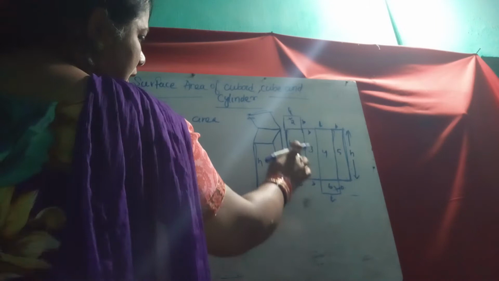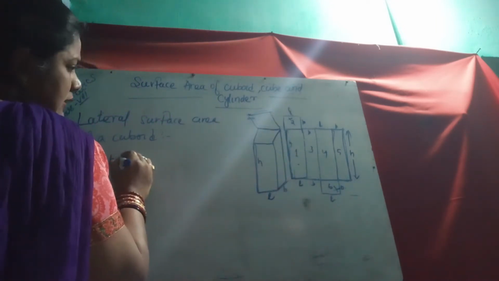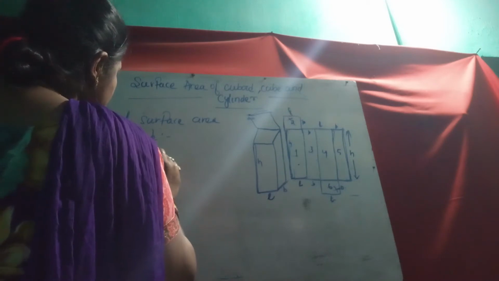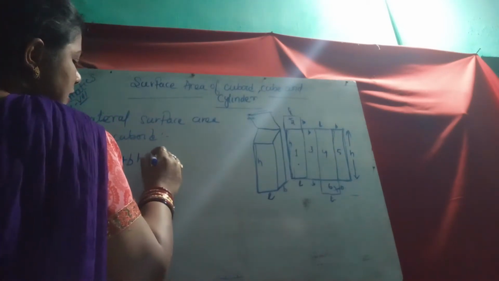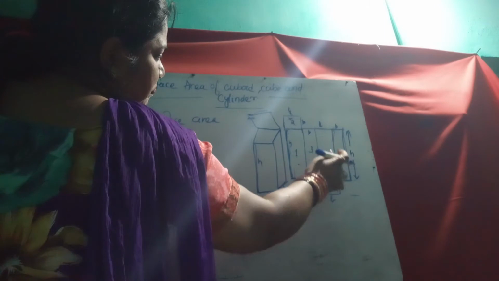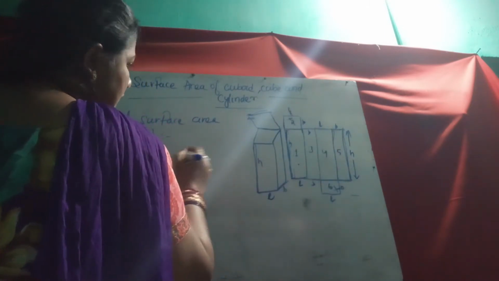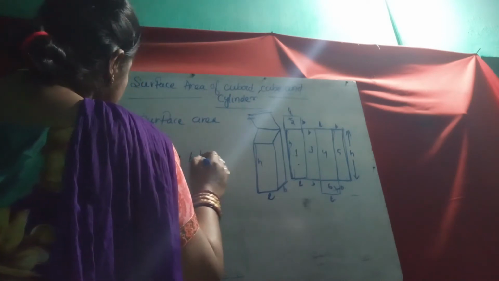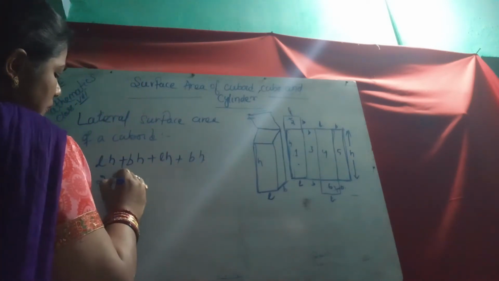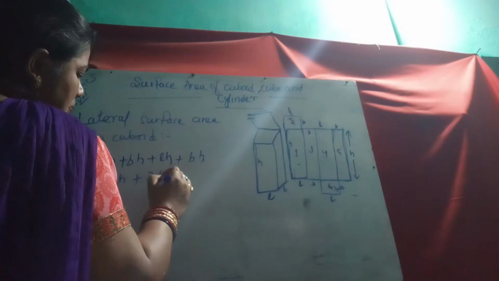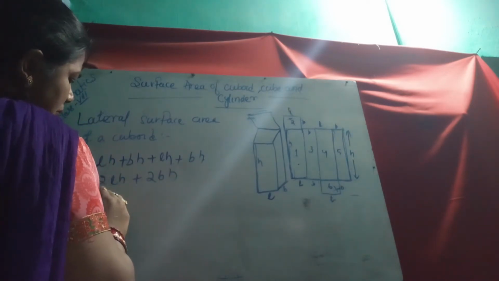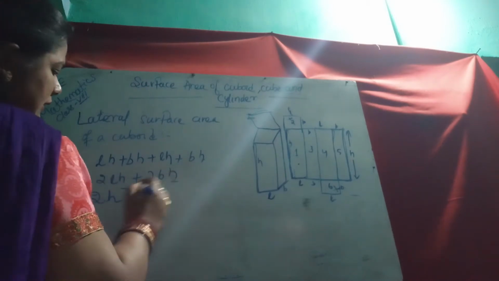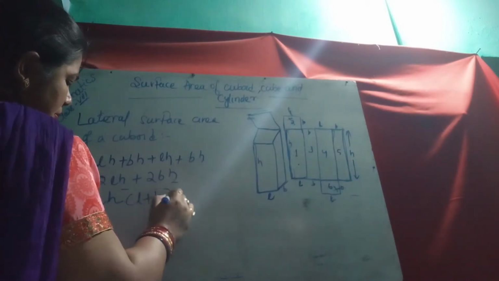So here L into H plus B into H, plus again L into H, then plus B into H. So 2LH plus 2BH. If you take common 2H, that is 2H into length plus breadth.